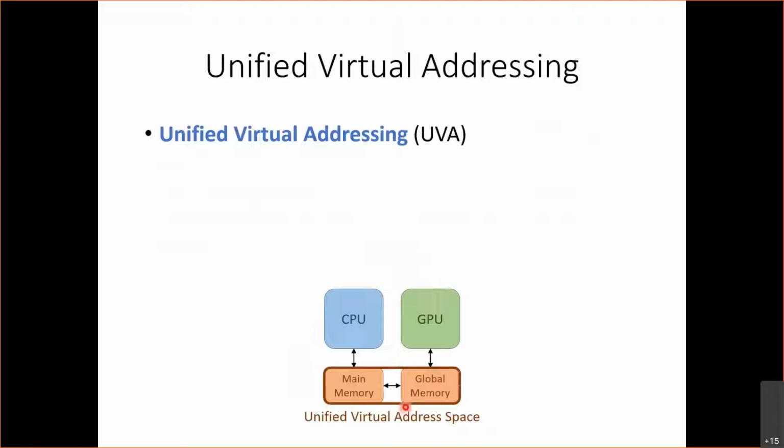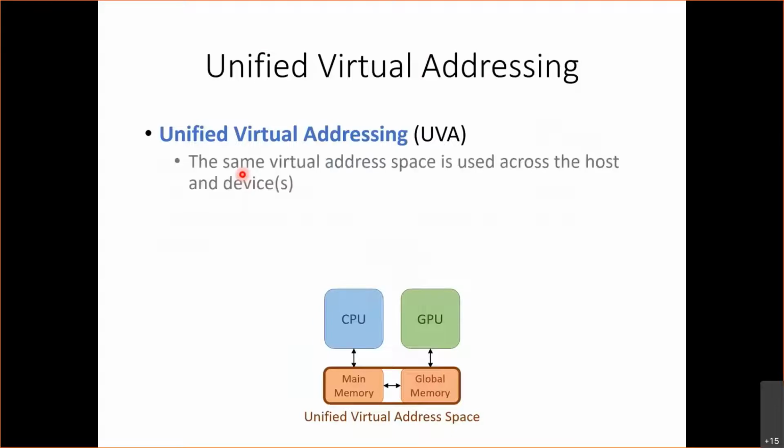We still have separate physical address spaces, but we have the same virtual address space that is used across the hosts and devices. And what that means is that a memory address that points inside the range of addresses supported by the main memory of the CPU is mutually exclusive from the range of addresses supported by the GPU.